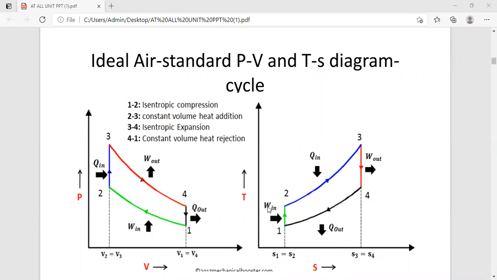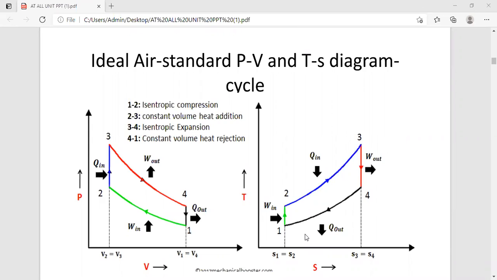Same in the TS diagram, you can observe over here the temperature is plotted on the y-axis, and S is the entropy. So entropy is plotted on the x-axis. So we have plotted the PV and TS diagram of the air standard cycle.